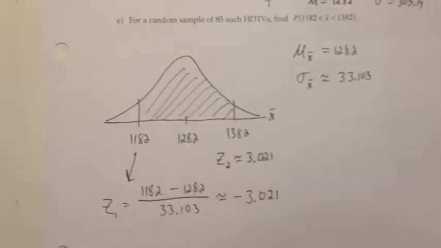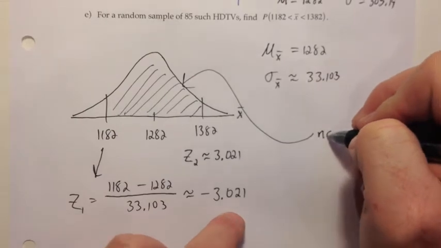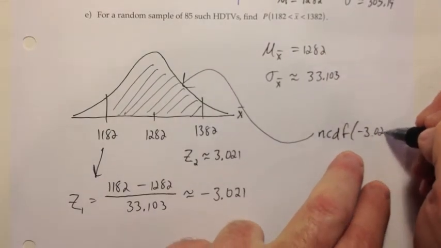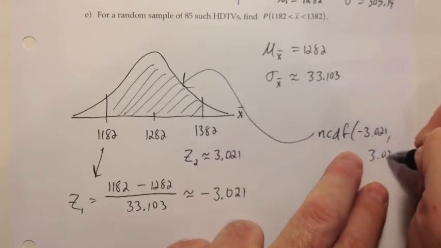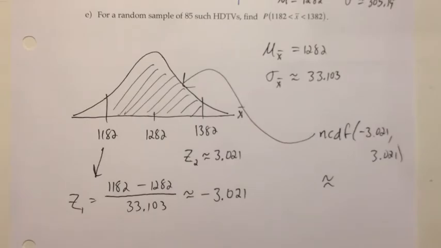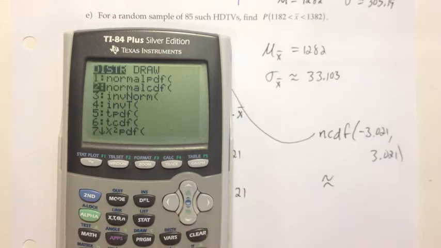And then I'd want to find the area in between those two. So for the area in between, I would do normal CDF from negative 3.021 to positive 3.021. And by the empirical rule, if I went from negative 3 to 3, that'd be 99.73%. So that should be maybe slightly more than that here.